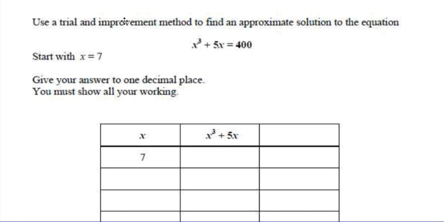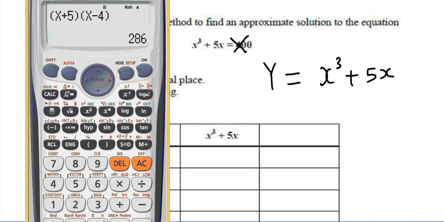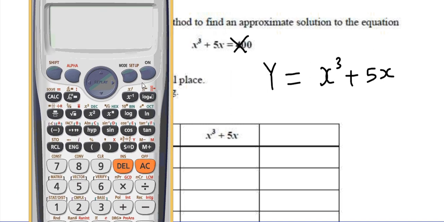So what do we do over here? We have to ignore that and save in the calculator y equals x to the power of 3 plus 5x. So pull out your calculator and save that function.